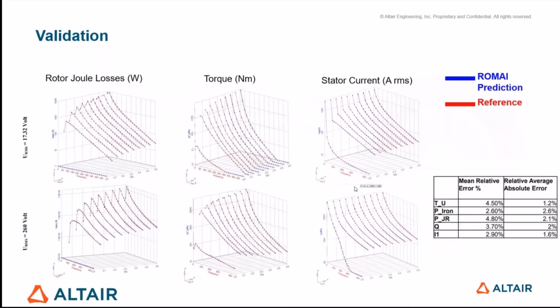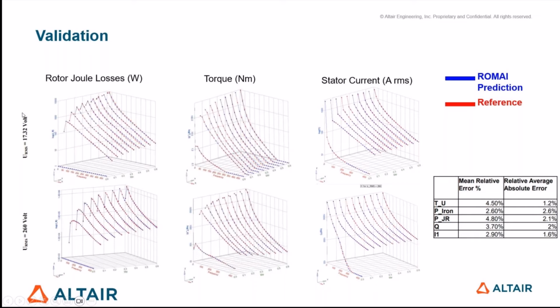Then what we did, we computed 6,000 working points through Flux 2D, which are our references. We made the same predictions through our ROM model. And as you can see on the screen, in the comparison here, we selected only a few values.